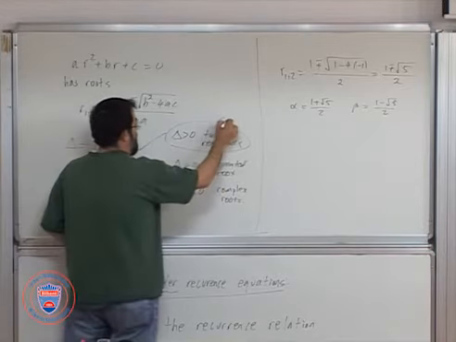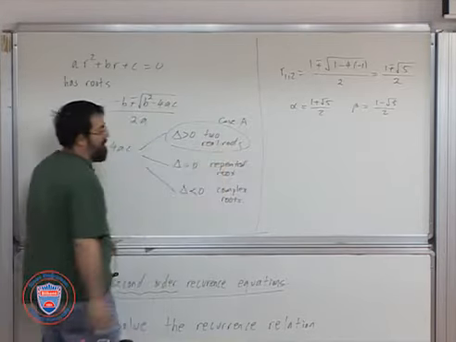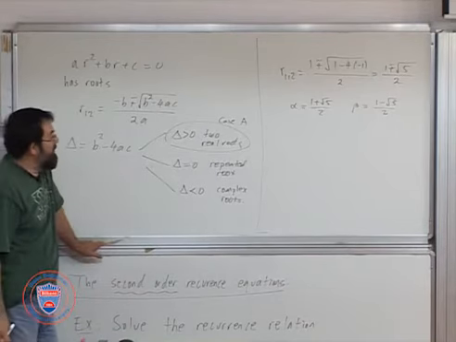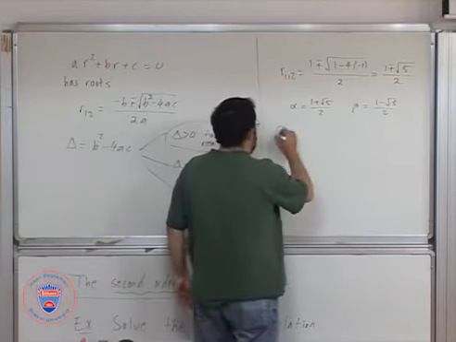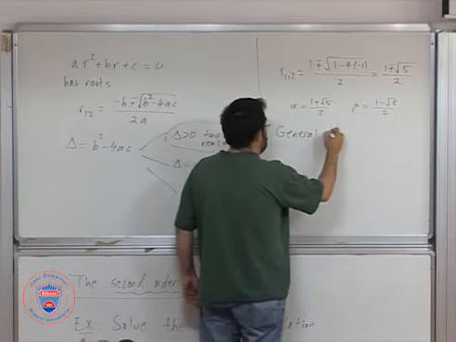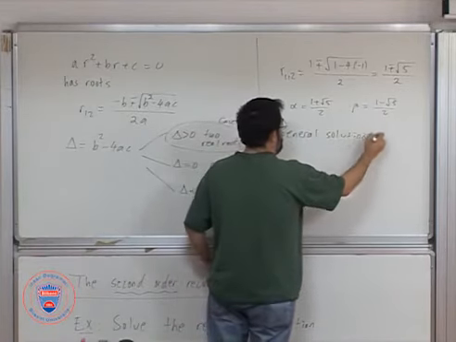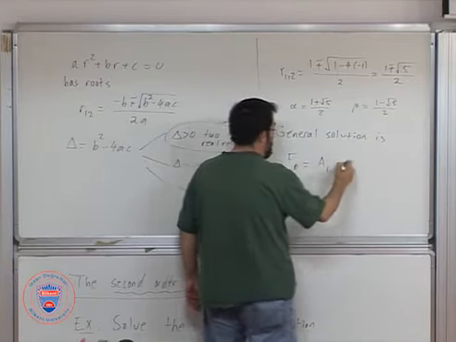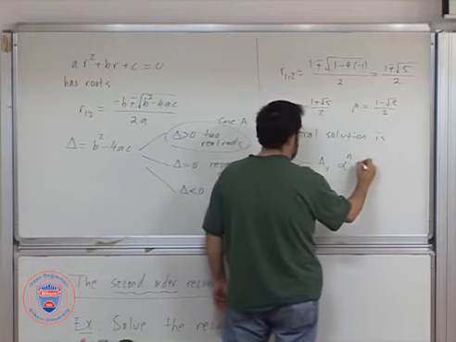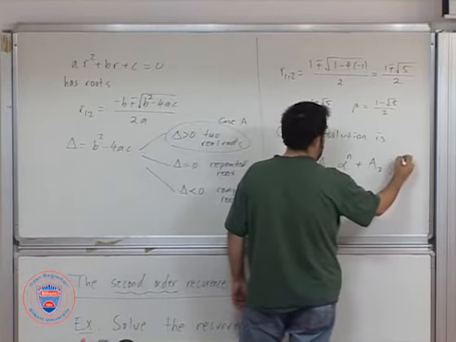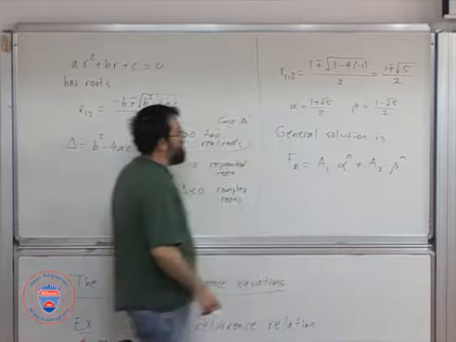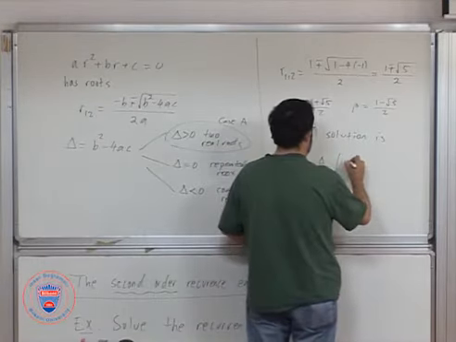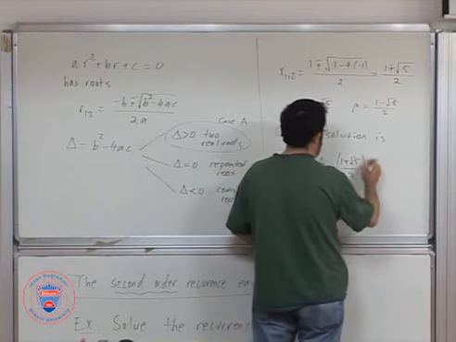This is usually called case A. Now we have B and C. In case A, you say the general solution is Fn equals some constant times the first root to the power n, plus some constant times the second root to the power n. I use alpha and beta, but you can write it this way too.